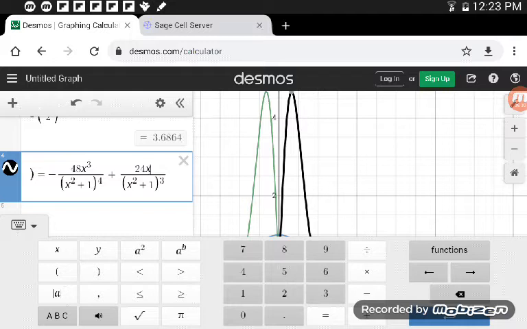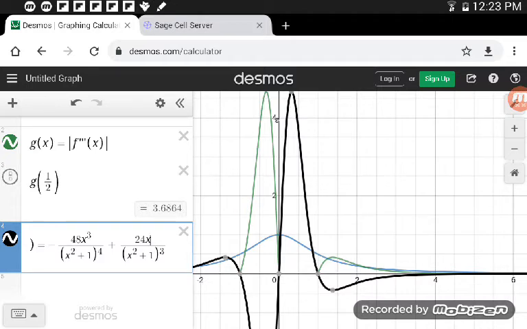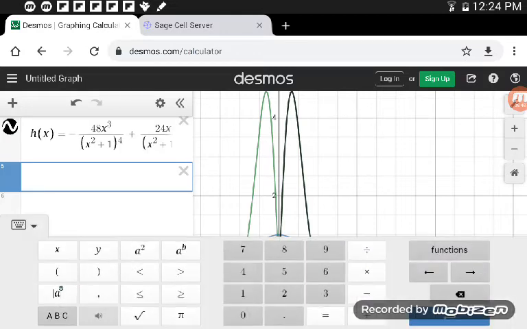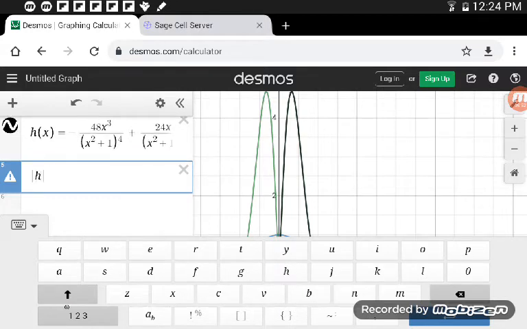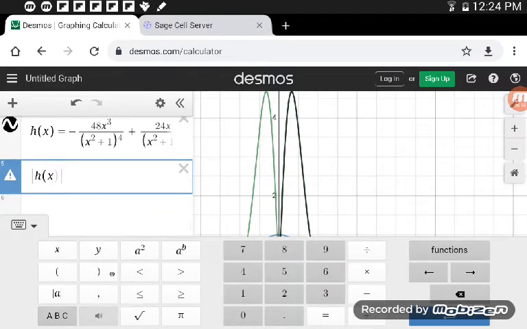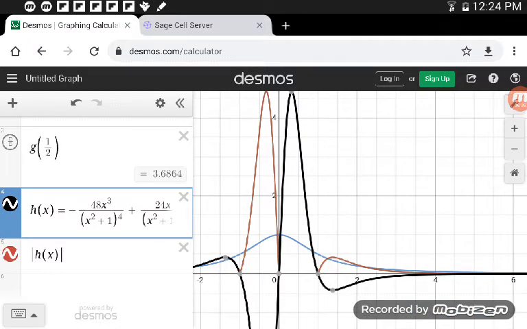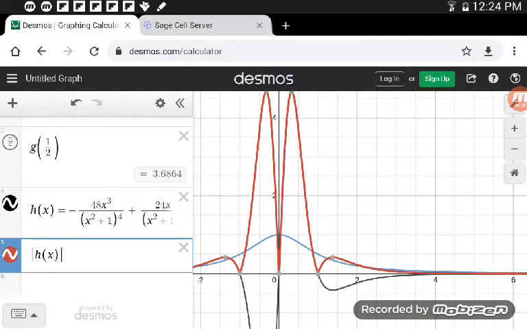Okay, and notice the black curve here, right over top of the green curve. Now, I didn't do the absolute value, but you know, we can see that that works, and if we don't believe it, we could always go here and do our absolute value of h of x, and then again, getting rid of this, we see that, you know, our red curve is definitely over top of the green curve.